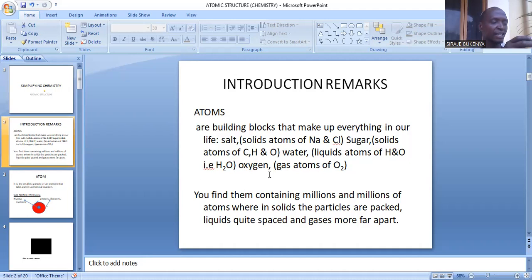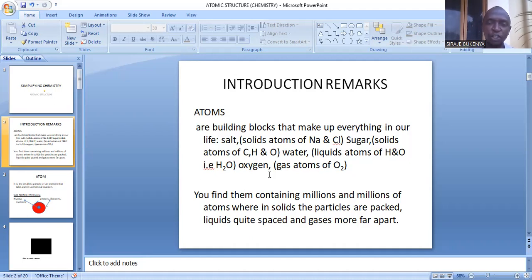So if you look at water, look at the atoms, the molecules here. They're not so much spaced as you saw in the solids where the particles are closely packed together. In gases, the particles are a little bit far apart. If you look at oxygen, assuming this bottle is having oxygen, the atoms are a little bit far apart.